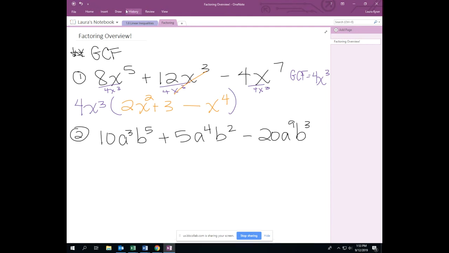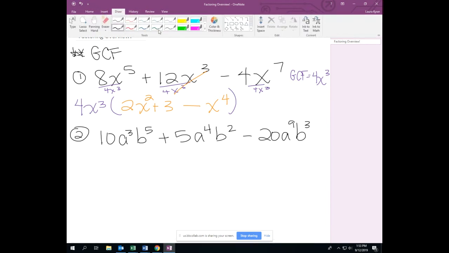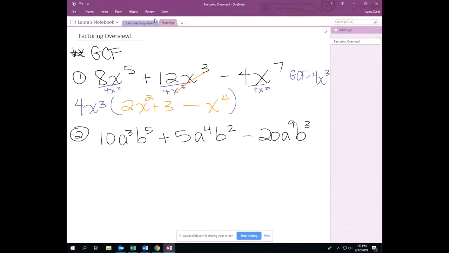I don't know, something like that. And even though there's more than one type of variable, you still do the same thing that we just did and consider them all each as individuals. We start with the coefficients. 10 and 5 and negative 20 all have a 5 in common, so 5 is a part of the GCF.